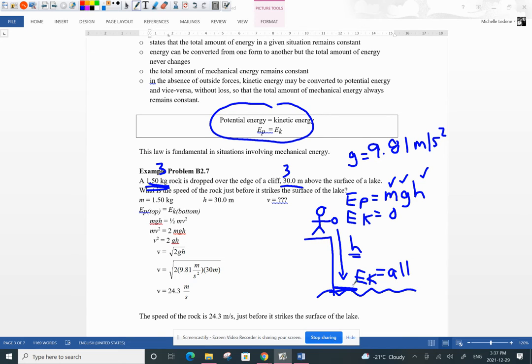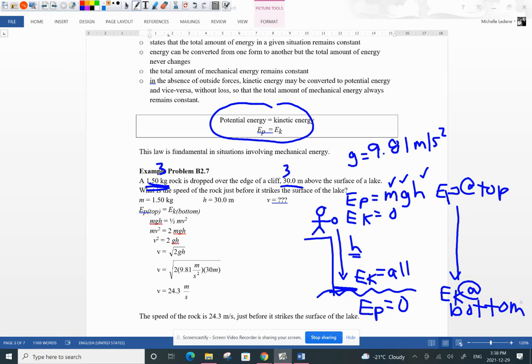And when it hits the water, it is on the bottom, so there's no more potential energy, right? There's no more height. So that potential energy at the top is going to be completely converted into kinetic energy that the rock has at the bottom once it just about touches the water in the lake.